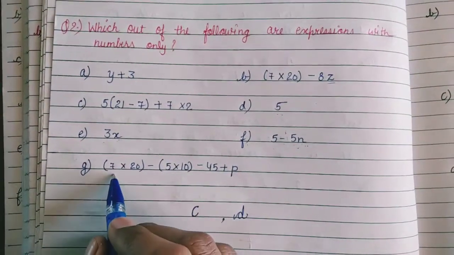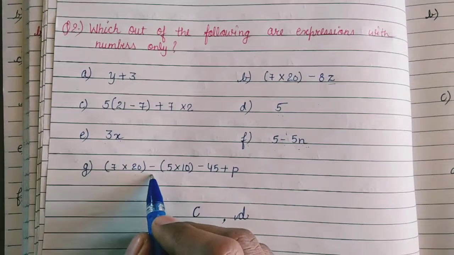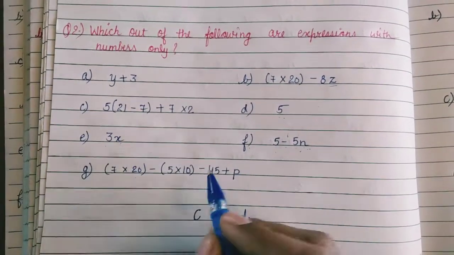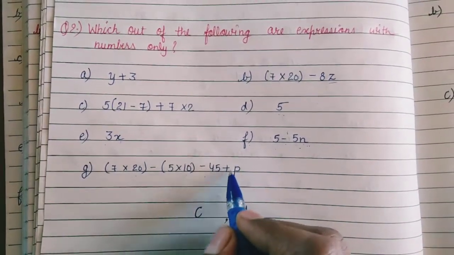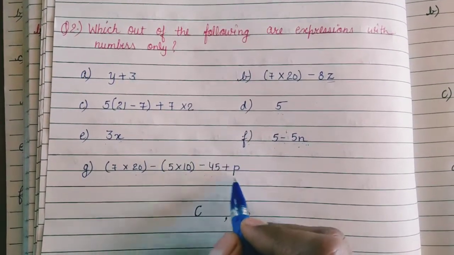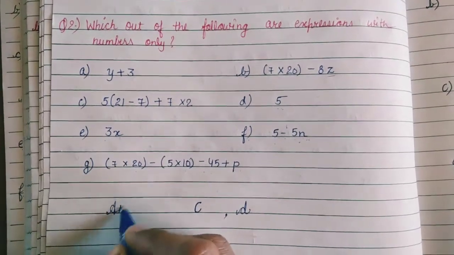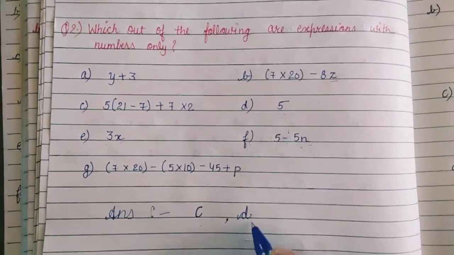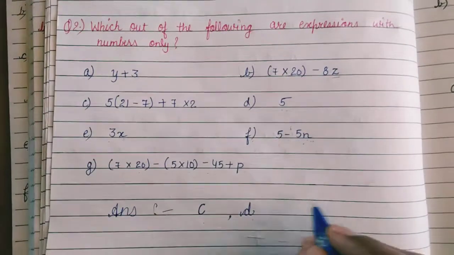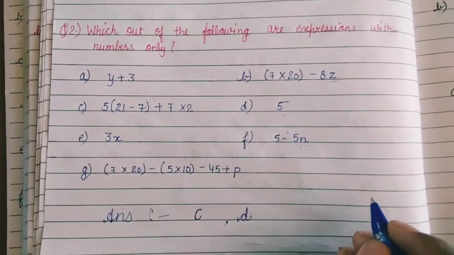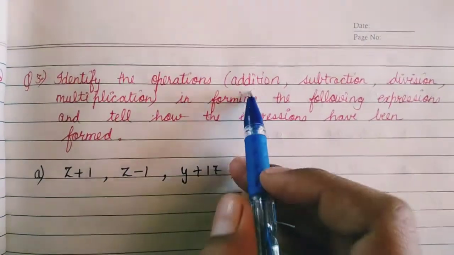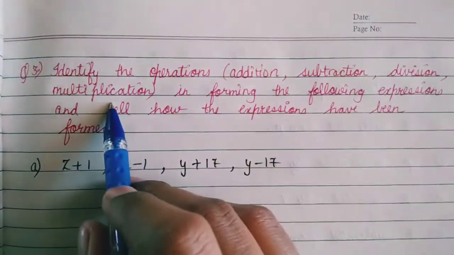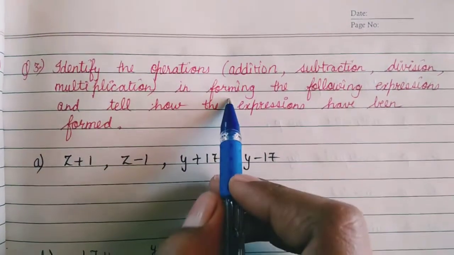Then G is 7 into 20 minus 5 into 10 minus 45 plus P. So P is coming here, but we want only numbers, so the answer is C and D are expressions with numbers only.